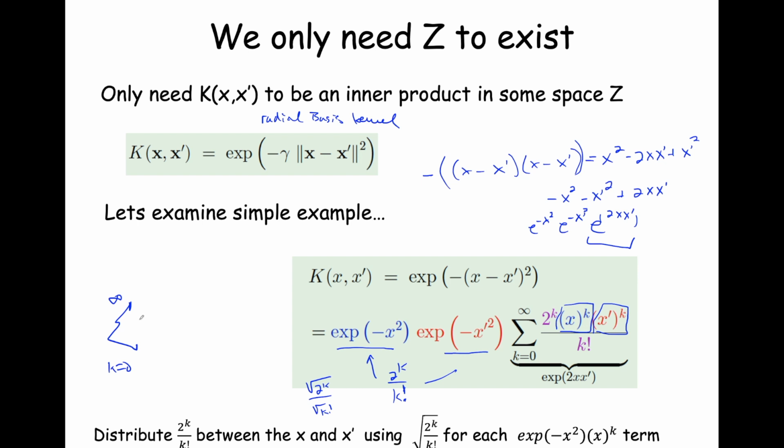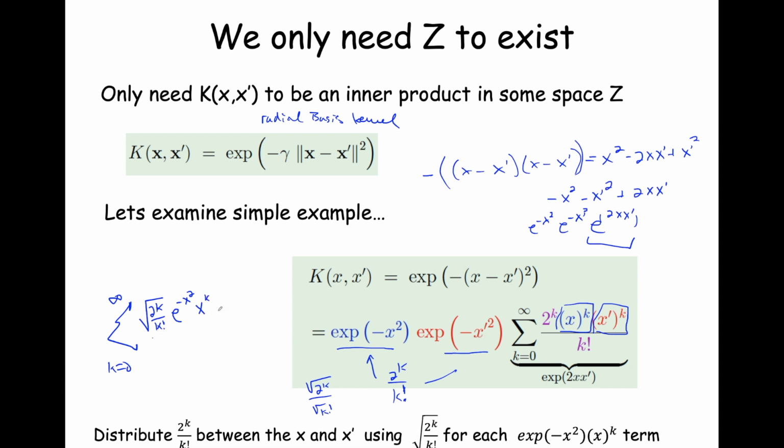So we say radical 2 to the k over k factorial, k goes from 0 to infinity, of e to the minus x squared times x to the k power.